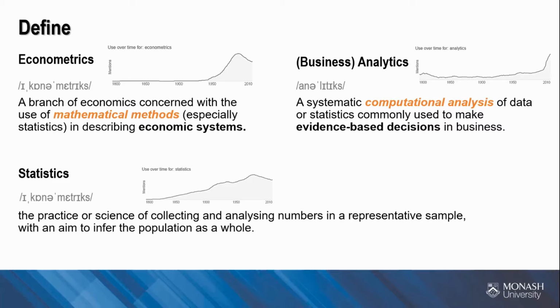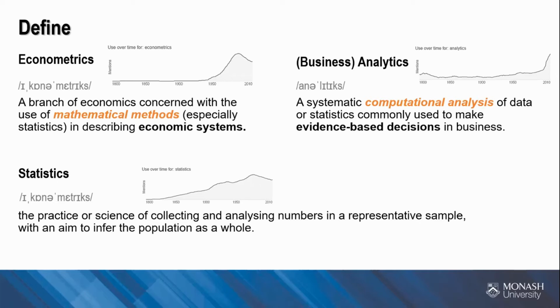We then look at econometrics. Econometrics is basically the use of mathematical methods in describing economic systems. And you can see that the use peaked from the 1950s till now. And the last one is business analytics.